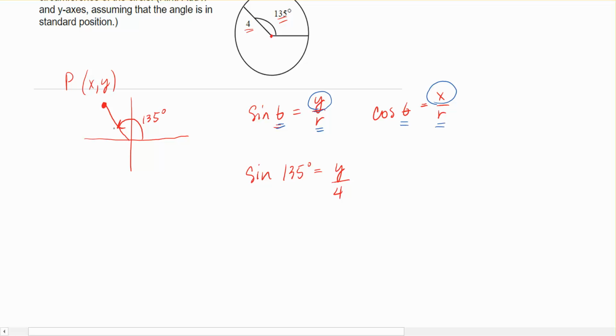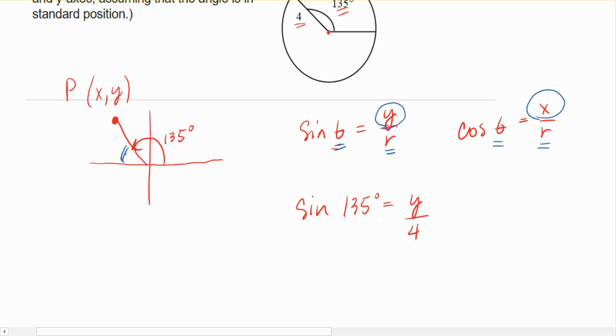Well, this little value right here that I just highlighted in blue, let me make that a little bigger, that little value right there is 180 degrees minus 135, which is 45 degrees. Remember, reference angles are acute angles that are only between 0 and 90 degrees. So 45 degrees is the reference angle for 135.